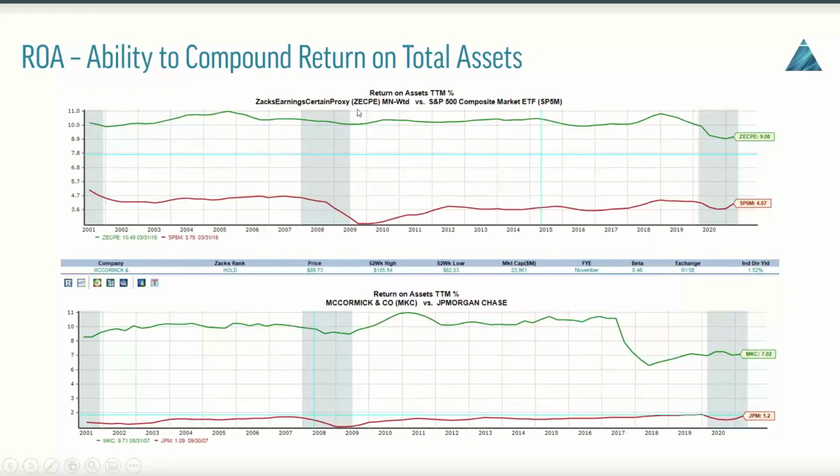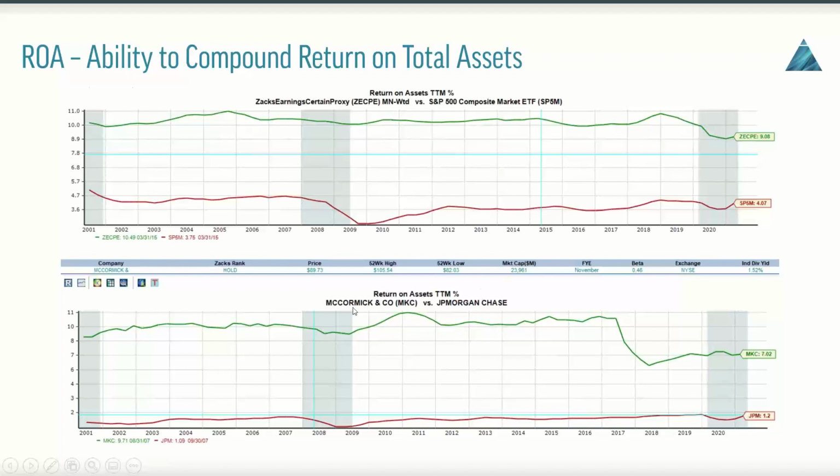When you look at return on assets for the earnings certain portfolio overall versus the S&P 500, it's more than double. This is literally the ability to compound the return on the assets sitting on the corporate balance sheets. On average, it's basically twice as efficient for an earnings certain stock than it is for the average S&P 500 company. And then you take a look at individual names.